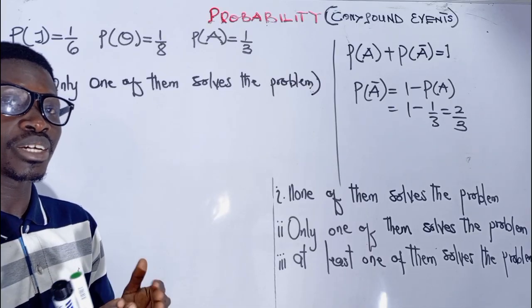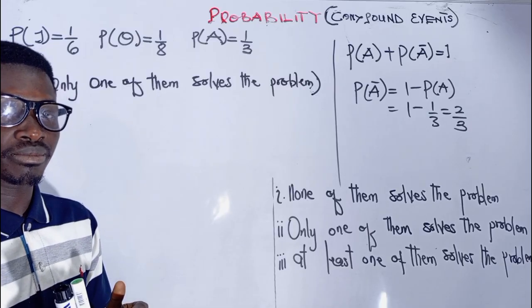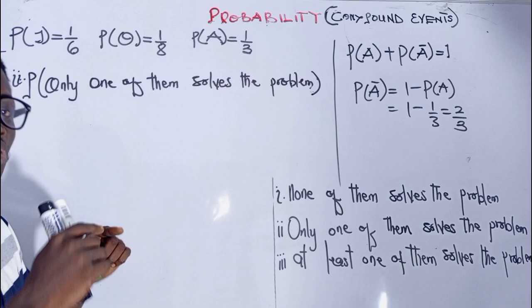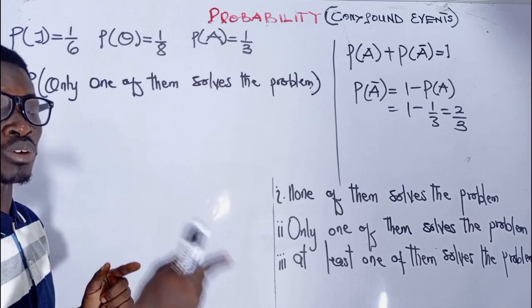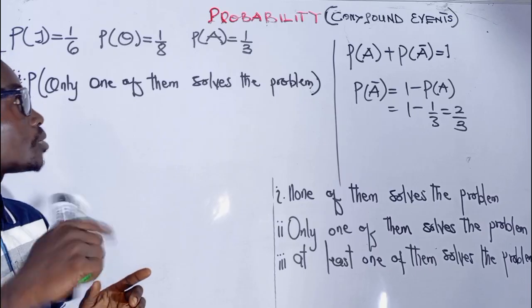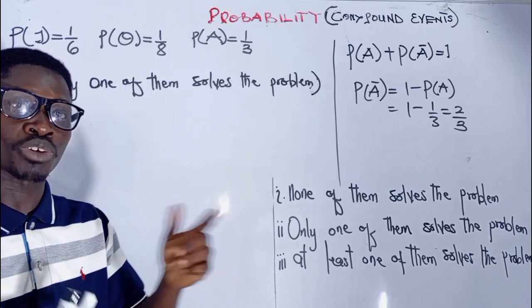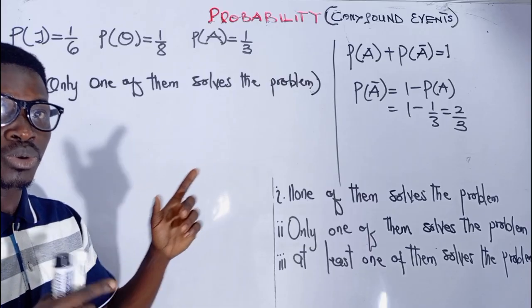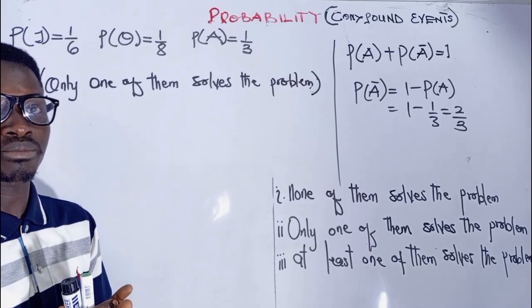So this means that when the question was given, it can happen that it is only Julius who was able to solve the question. Or it can happen that it is only Okai who was able to solve the question. Or it was only Asamoah who was able to solve the question.